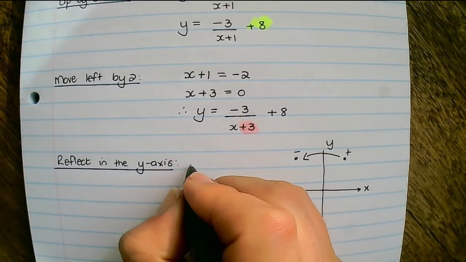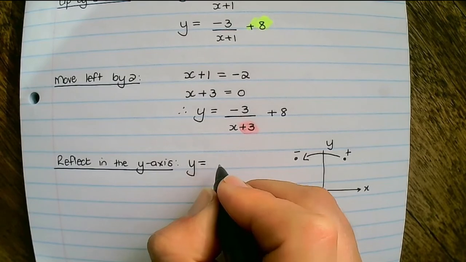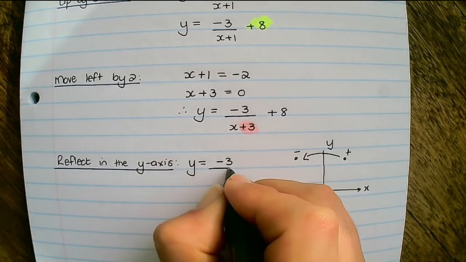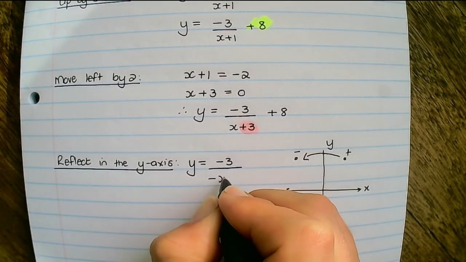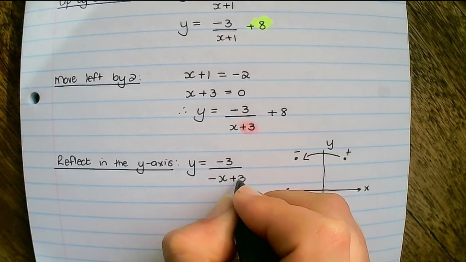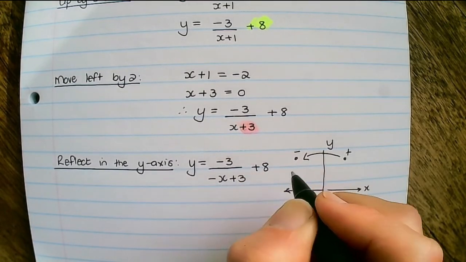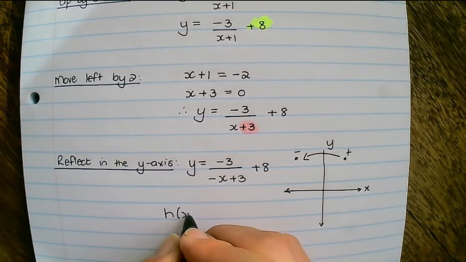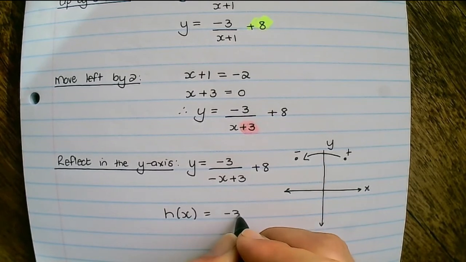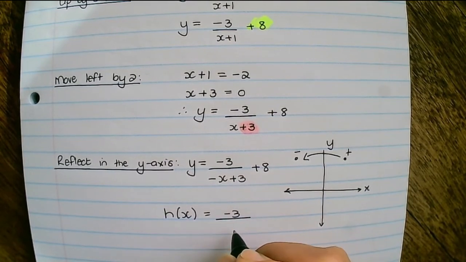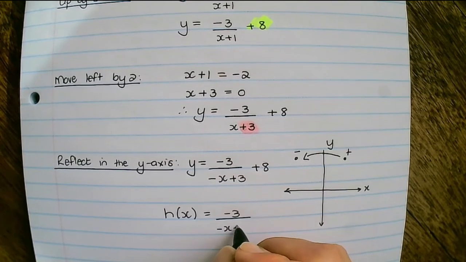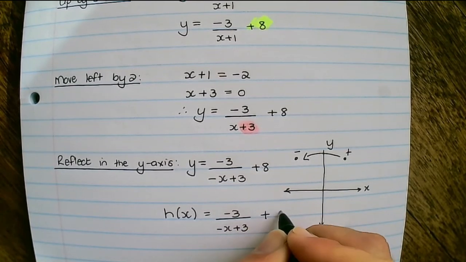So therefore, I would have y is equal to -3 over -x plus 3 plus 8. And that is our equation of h(x). y is equal to -3 over -x plus 3 plus 8.